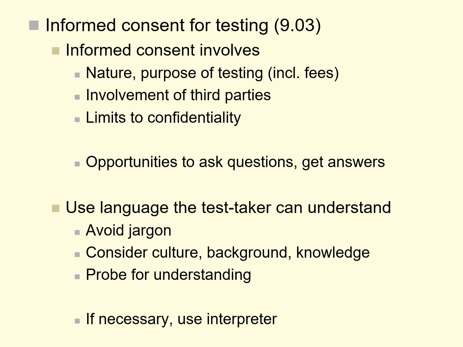We probe for their understanding, making sure they get what we're saying, and they have, as noted above, opportunities to ask questions and get answers. And of course, if necessary, we use an interpreter. So if we're doing testing with someone who is not a native English speaker or doesn't have good language skills, we may need to use an interpreter. And if so, that's absolutely essential to get informed consent.